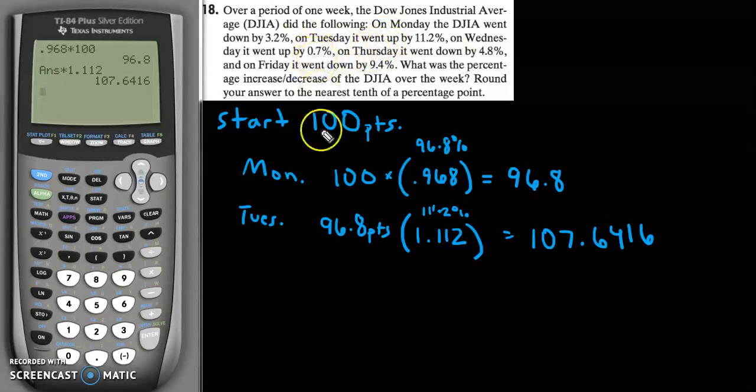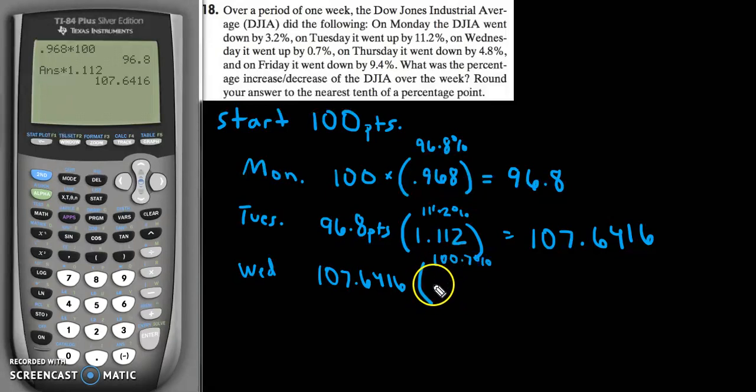Okay, so then what happened on Wednesday? It went up by 0.7%. So Wednesday, you get the worth from yesterday, 107.6416. And if something goes up by 0.7%, it's now worth 100.7% of what it used to be. And so as a decimal, that's 1.007.